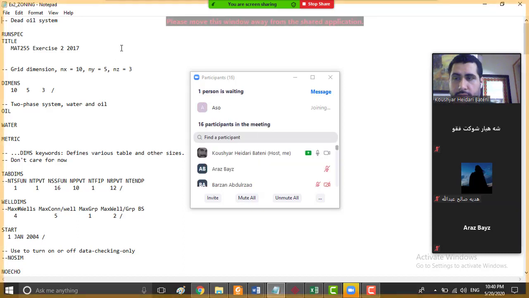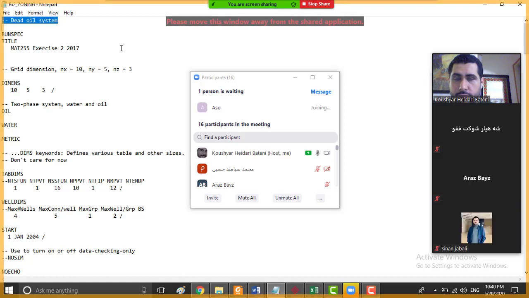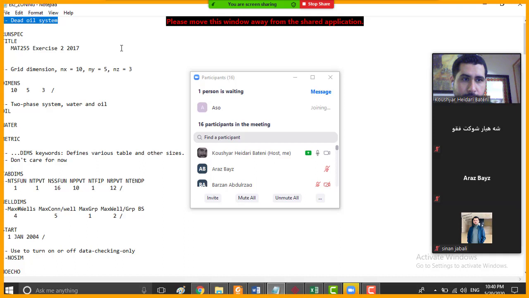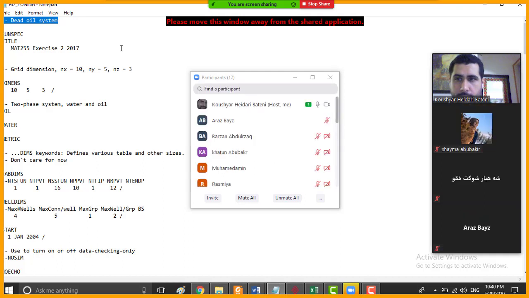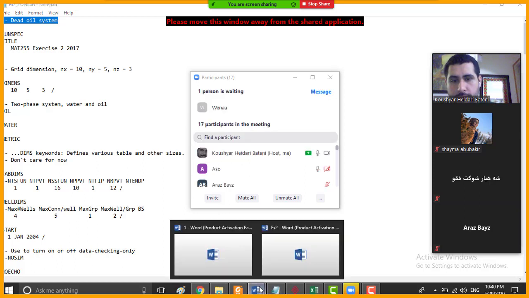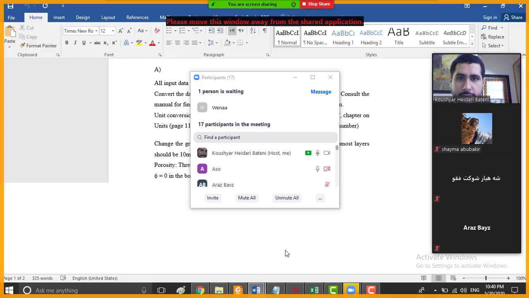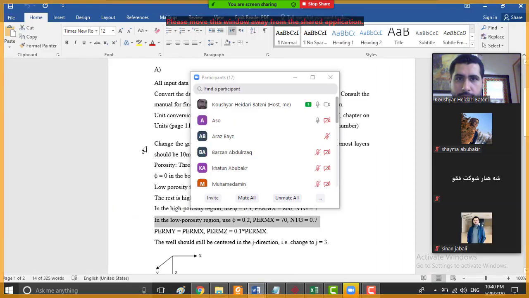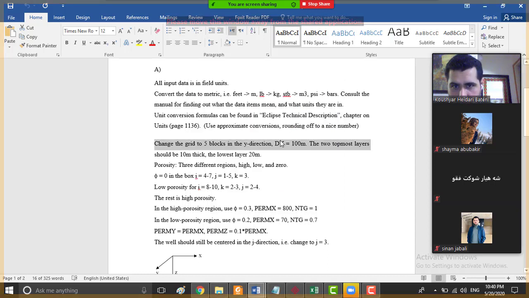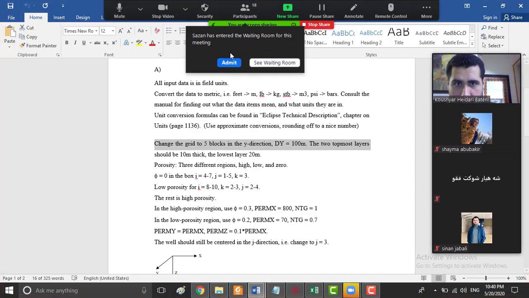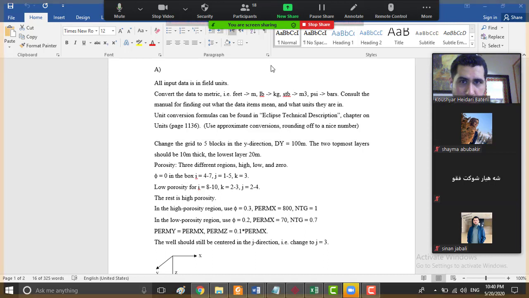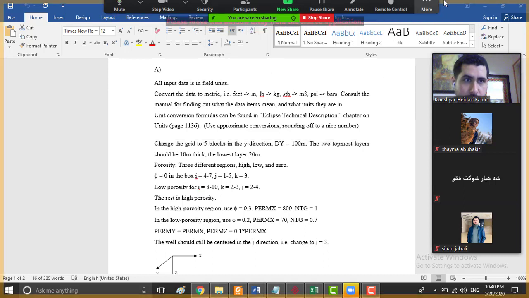The title of the data file is example 2 underline zoning. Right? And the text of the exercise we're going to work on is the continuation of part A of the previous exercise that was given to you.